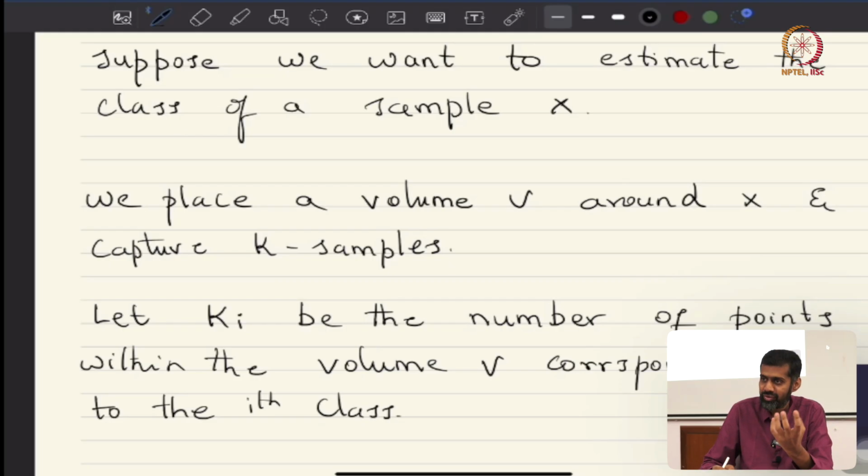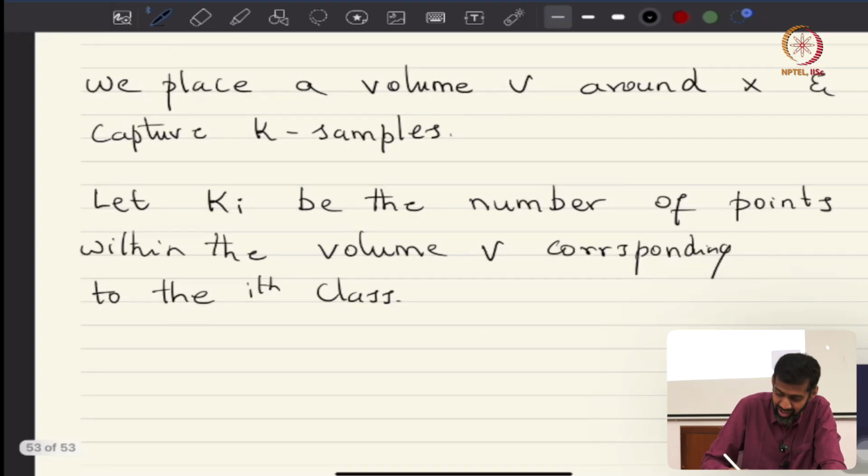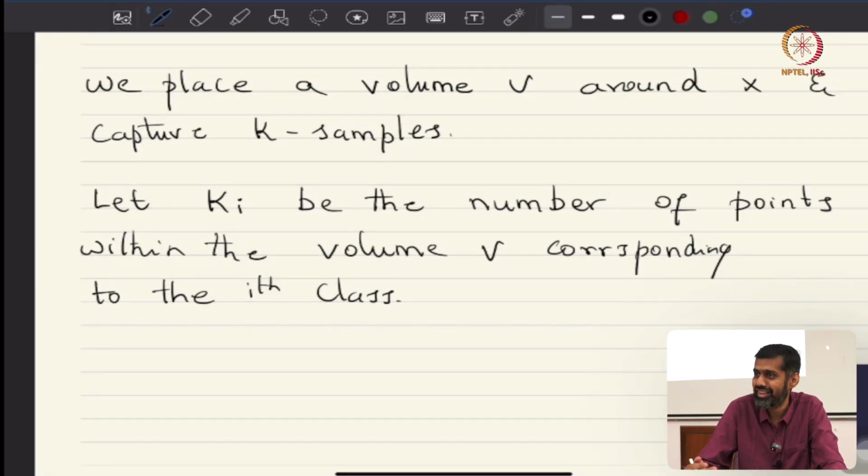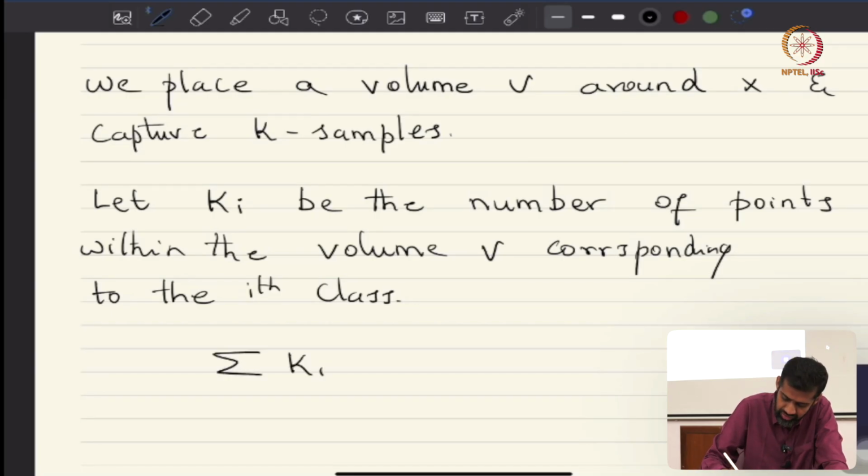So you get K points. Within those K points, let us say K0 are from class 0 and K1 are from class 1. Now it does not have to be a binary classification problem; it can be a K class classification, or okay, K has already been taken, it can be an M class classification problem. Thanks for the alphabet suggestion. So now you have the sum of Ki, i equal to 1 to M, equal to K.